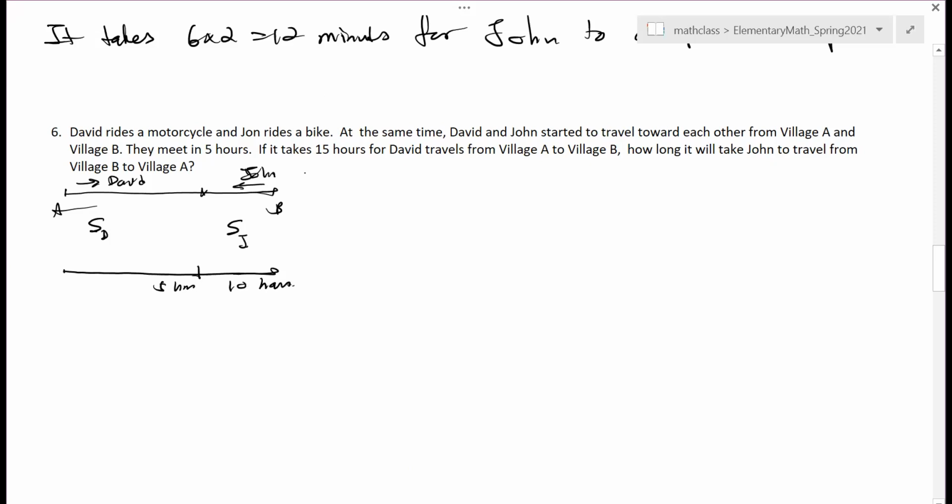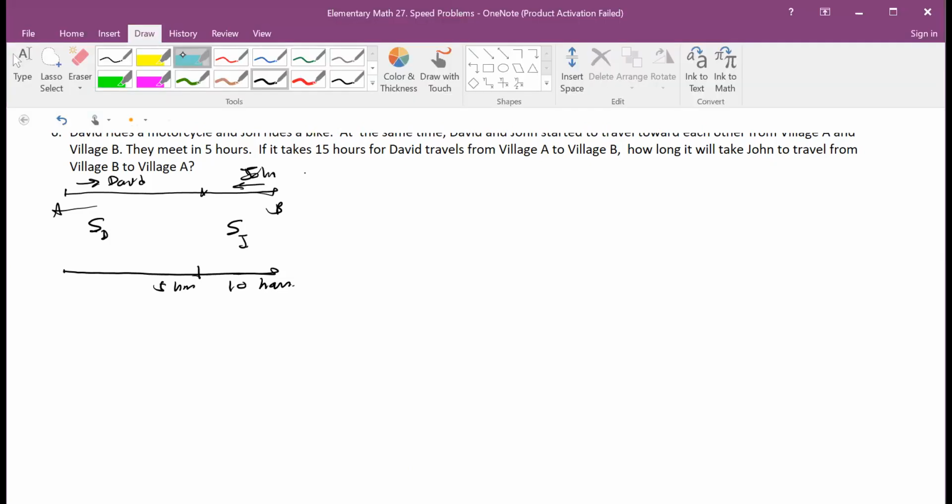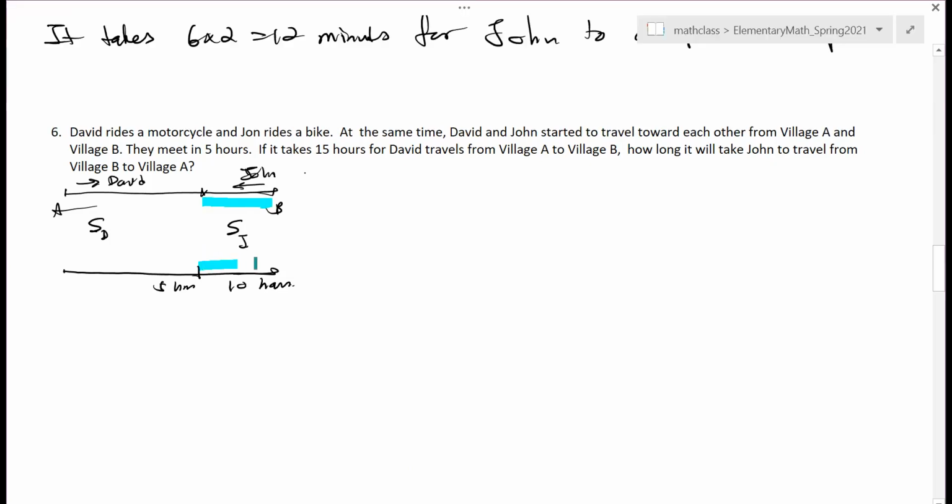So for this distance, John only takes 5 hours, but David takes 10 hours to travel. So that means David's speed is half of John's speed, or John's speed is double David's speed. Just look at the distance.